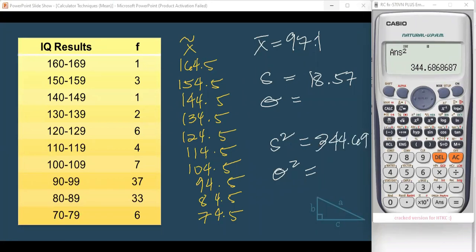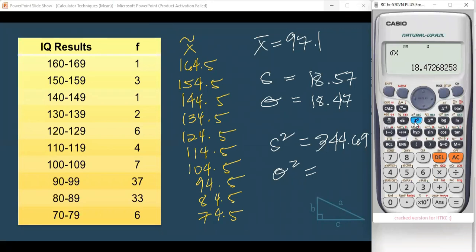So how about for our population standard deviation? So again, easy. Shift 1, 4, that is 3, equal 18.47. What is its population variance?